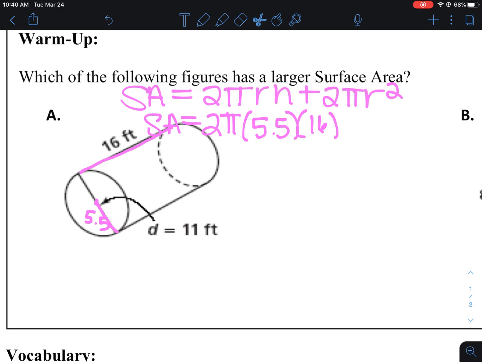I'm going to move this over because it's not going to fit. Plus 2 pi, the radius we said was 5.5 squared. Okay, so this part would become 5.5 times 16 times 2. This part would become 176 pi.